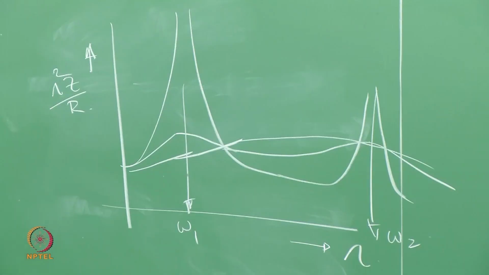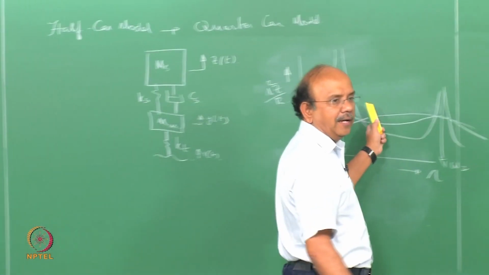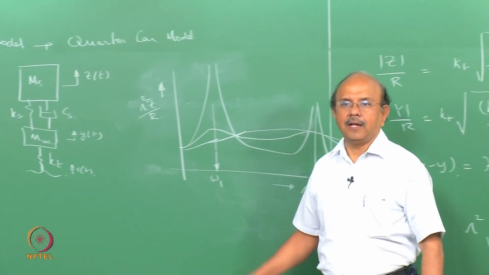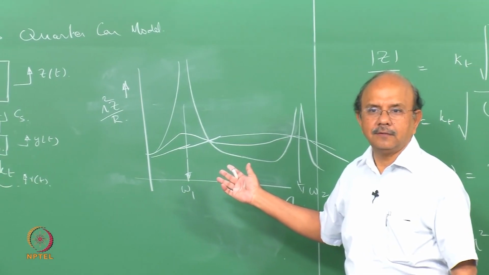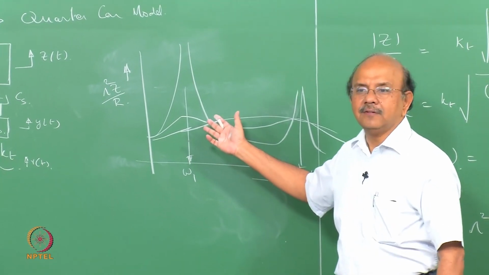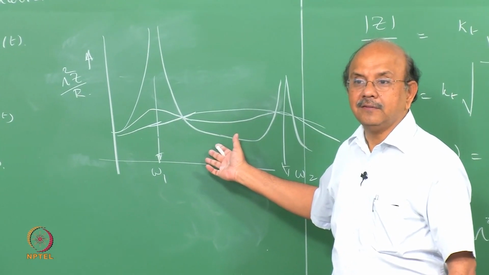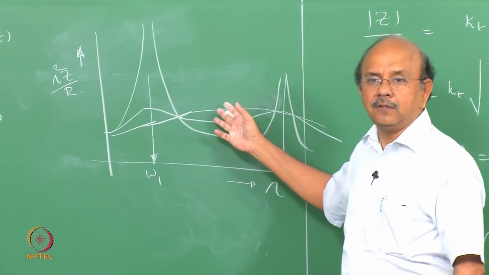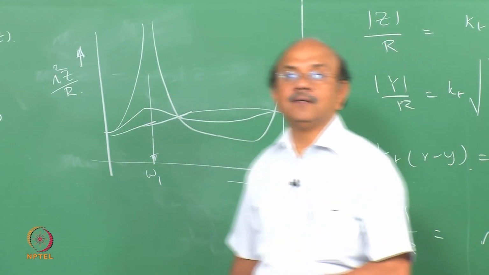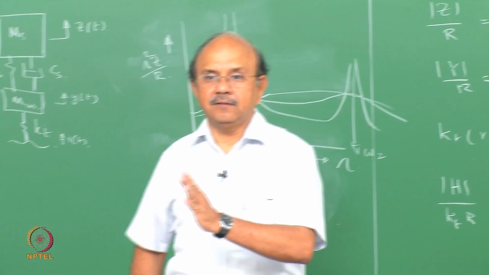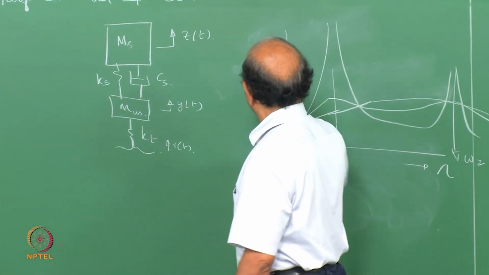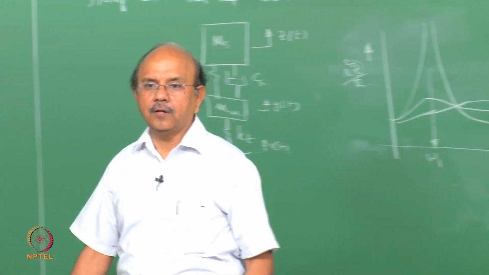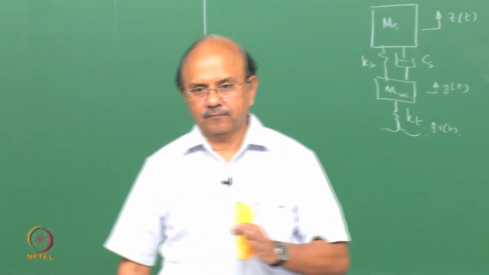In other words, without damping, I have two peaks, and with various values of damping, I have curves where it will be bad, it will be good, and so on. In other words, depending upon the frequency, my Z value would now vary.